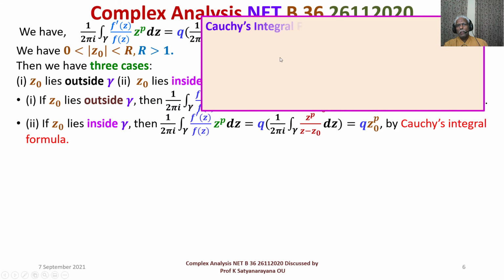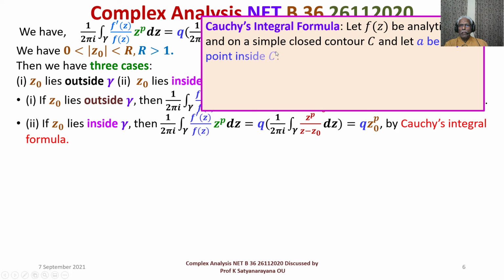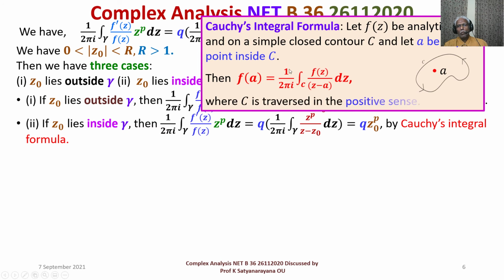So let's recall Cauchy's integral formula. Let f(z) be analytic inside and on a simple closed contour C, and let a be any point inside C. Then f(a) is equal to 1 by 2 pi i integral taken on C of f(z) by z minus a dz, where C traverses in the positive sense, that is, in the anti-clockwise direction.